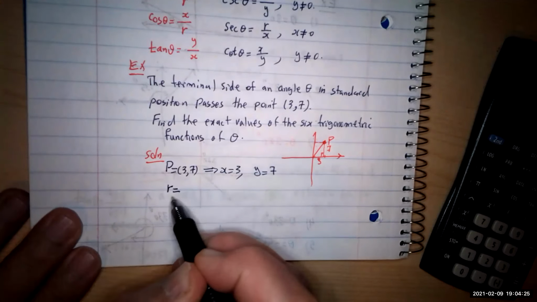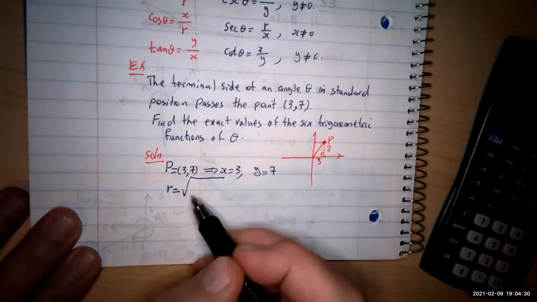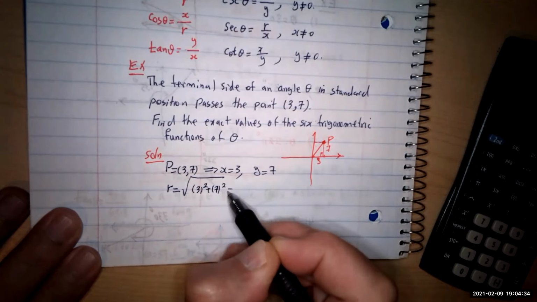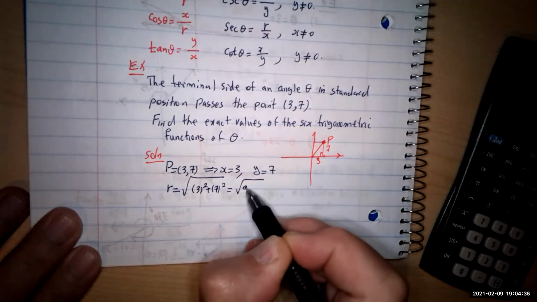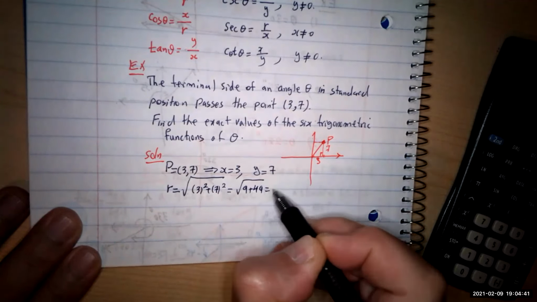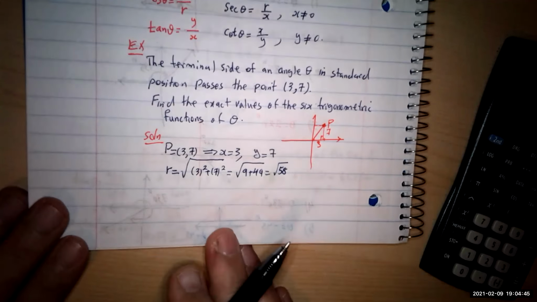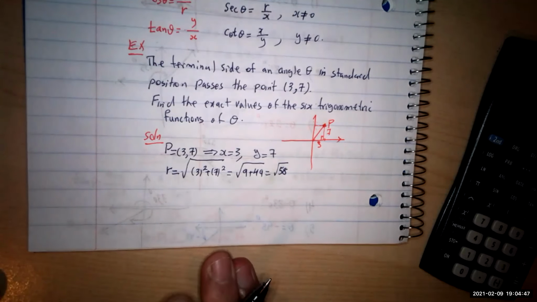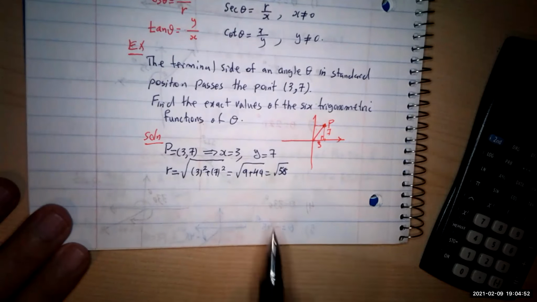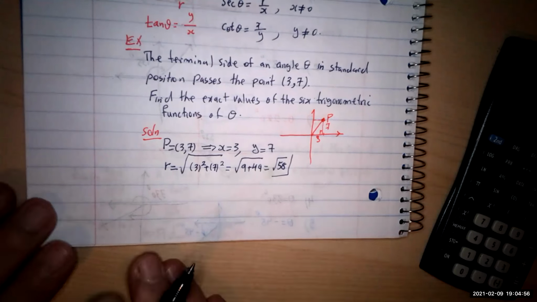So r is going to be equal to the square root of 3 squared plus 7 squared, which is 9 plus 49, so radical 58. Since they say exact, you are not going to change it into anything. You just keep it as a radical. And so start writing the information, then you're done.